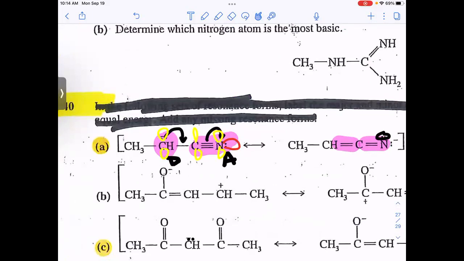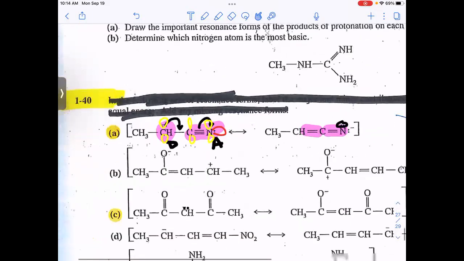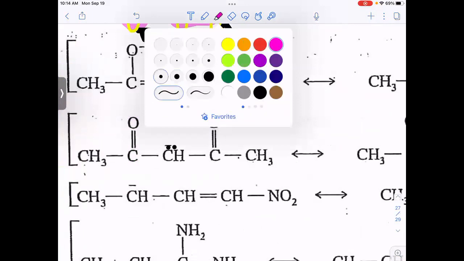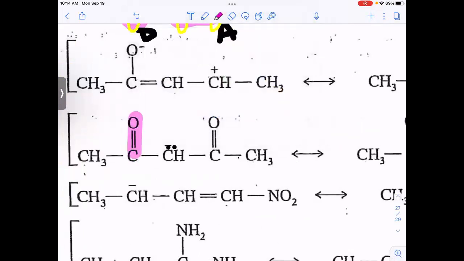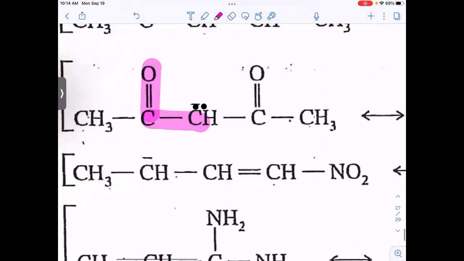All right, let's do C. We've got another example right here, a similar example. It's going to follow that pattern of an allylic anion. We have a pi system here, and bonded to that pi system, you have a carbanion. There is a negative charge there.